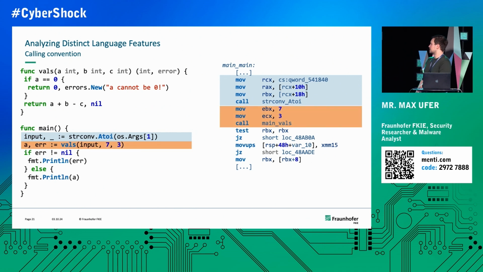Then the vals function is called, but here only values are moved to EBX and ECX, and then the vals function is called. But we see we actually have three arguments which should be passed to vals. And this is one small advantage of this kind of calling convention, that you have the return values and the arguments in the same registers. This directly results in that you can chain function calls if the return value is the first argument of the next call.